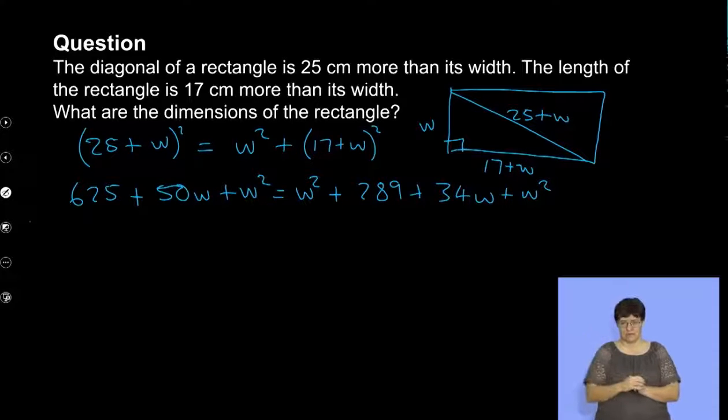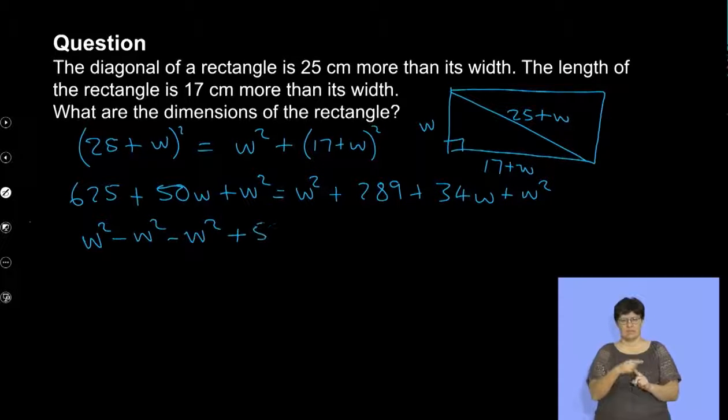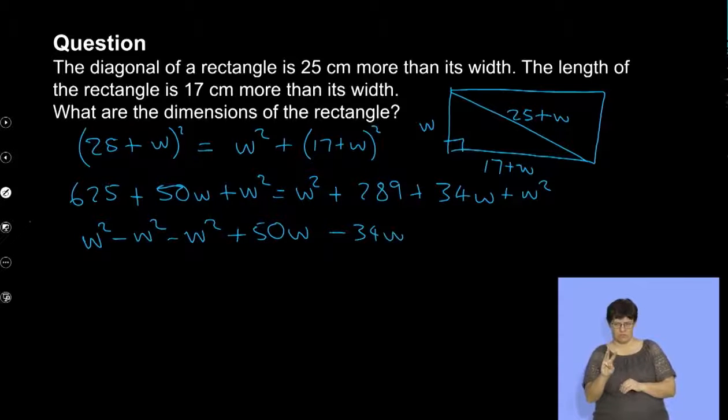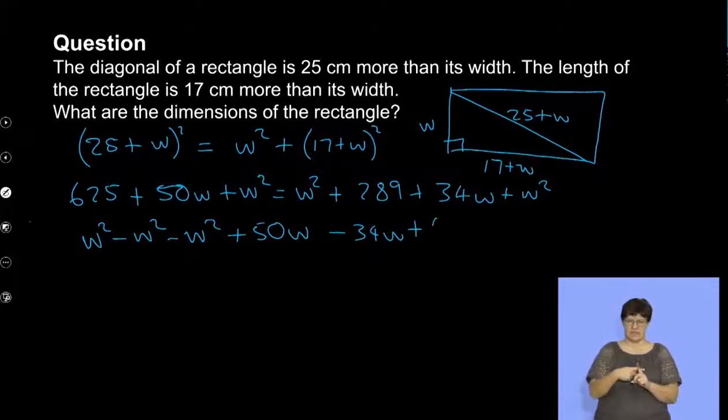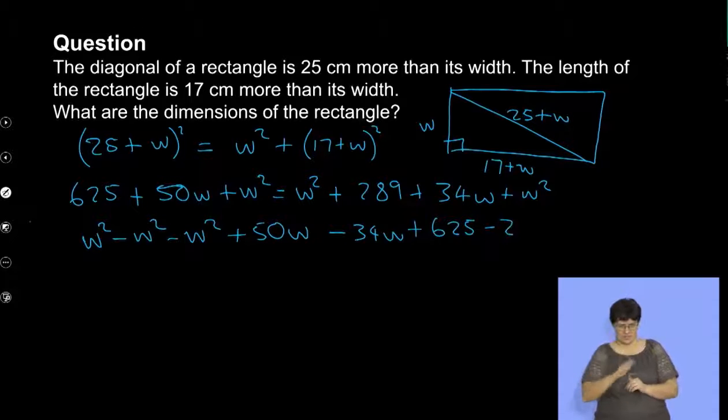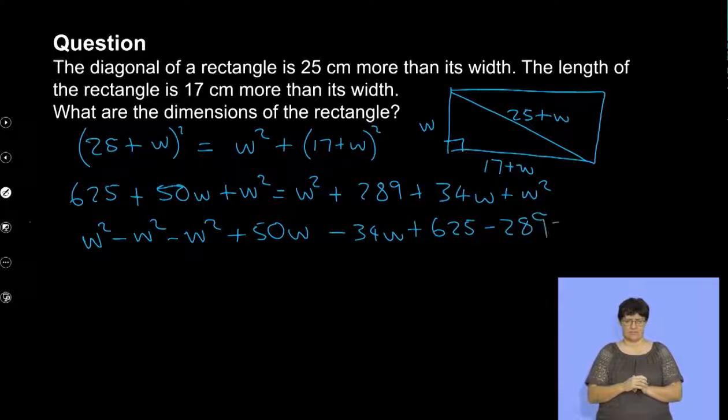And then you can quickly work out what this is. The w squared and the w squared will be 2w squared. You subtract 1. So it means I'm going to have w squared minus w squared minus w squared, and plus the 50w minus 34w plus my 625 minus the 289 equal to 0.